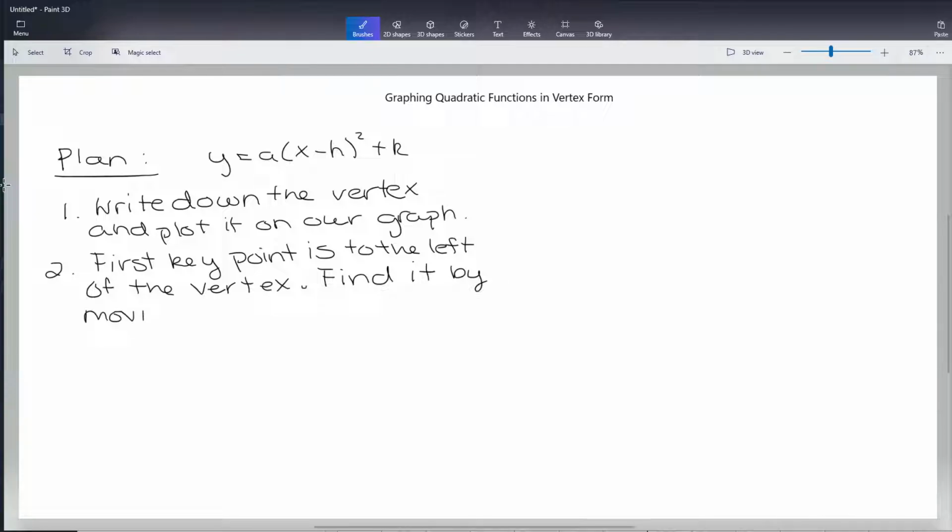We're going to move left 1, and then we're going to find its height by going up or down A. And then we're going to do the second key point.